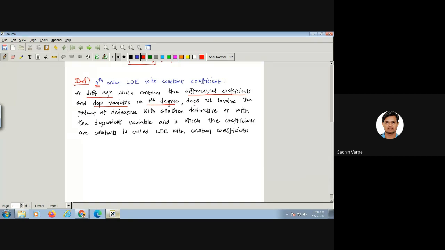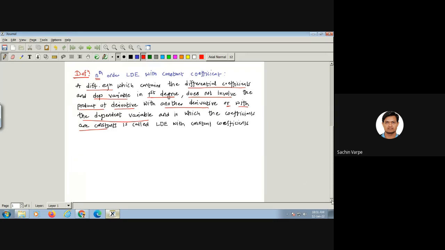And it does not involve the product of a derivative with another derivative or with the dependent variable, and in which the coefficients are constant, is called LDE with constant coefficient. Clear to everyone? Everyone knows the degree of the differential equation, which is the exponent of the derivative, and that degree must be 1 only. Is it clear?